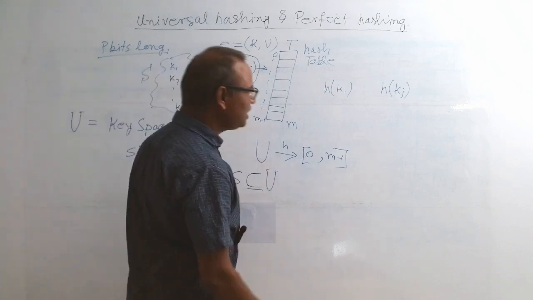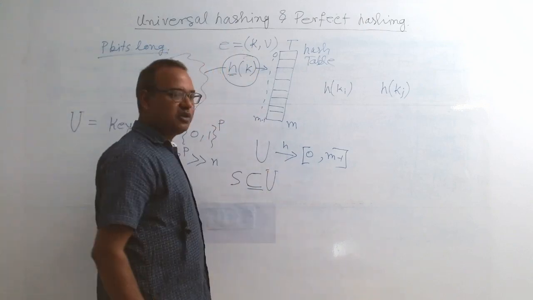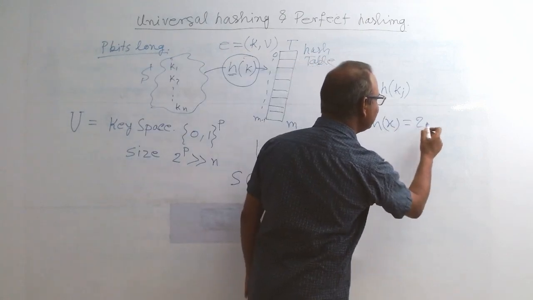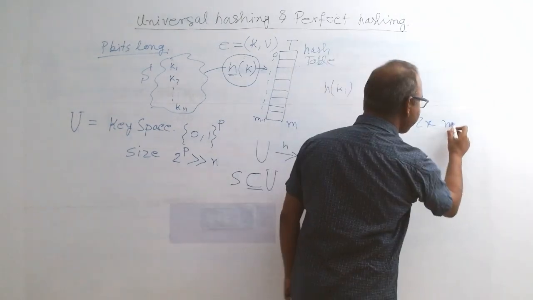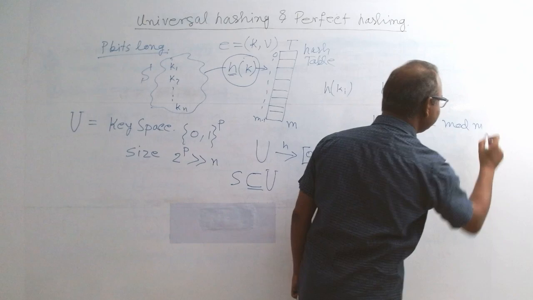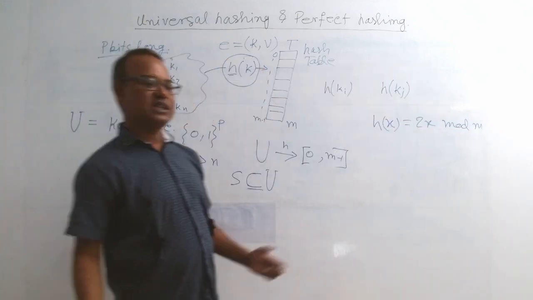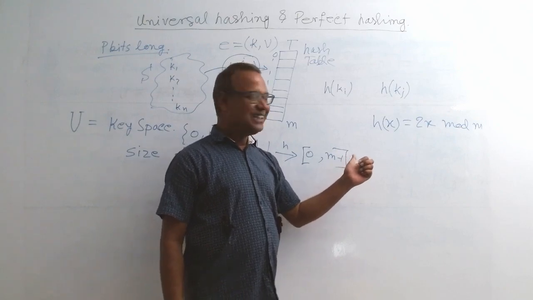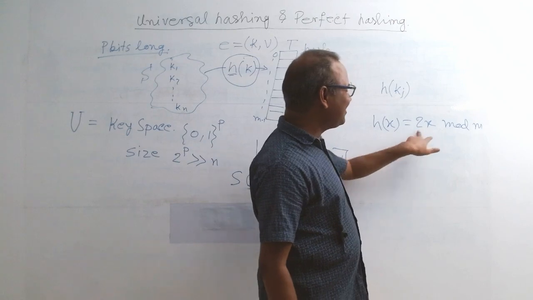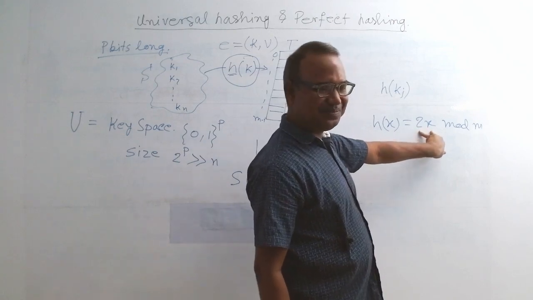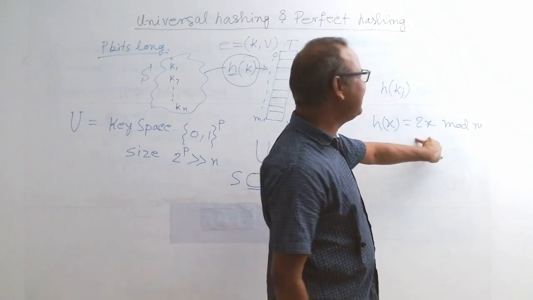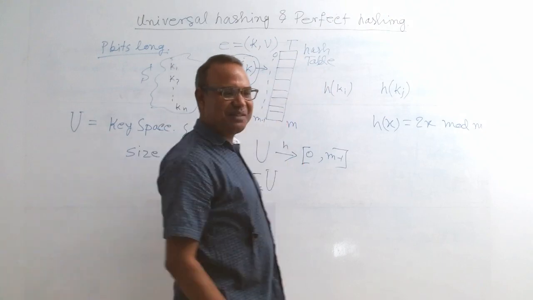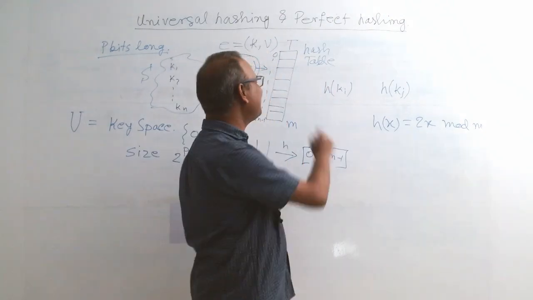It will be clearer if I give you an example of a bad hash function. Let's say h(x) equals 2x mod m. What will happen? Any idea? Whatever the key value, it will always become an even number, and if we map this, then all the odd positions will be empty.